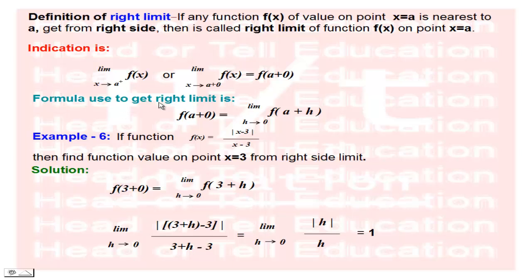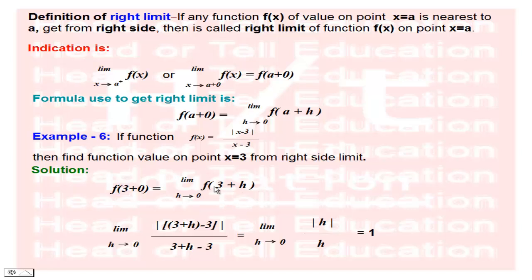The formula used to get the right limit is f(a plus 0) equals the limit as h tends to 0 of f(a plus h). Let us take one example using the right side limit. Suppose we have a function f(x) equals modulus of x minus 3 divided by x minus 3. Find the function value at the point x equal to 3 from the right side limit. According to our formula, the solution is f(3 plus 0) equals the limit as h tends to 0 of f(3 plus h).